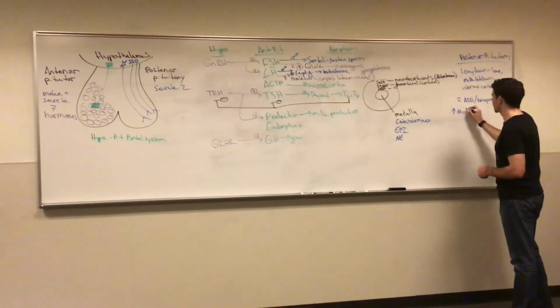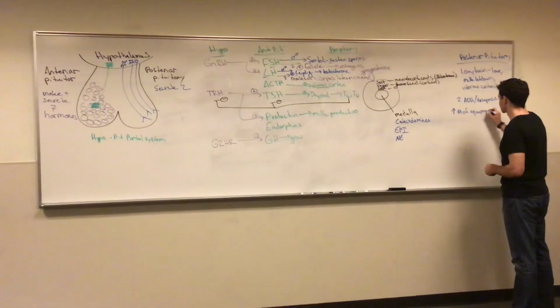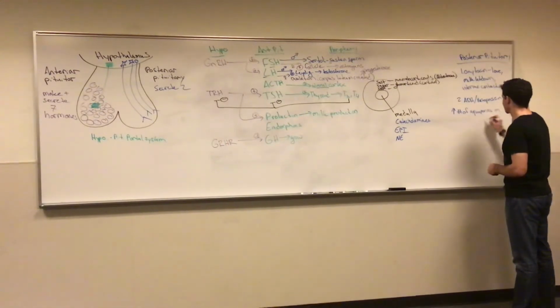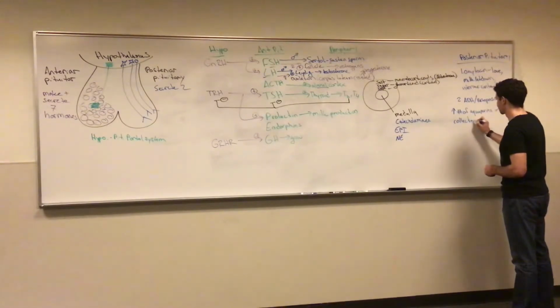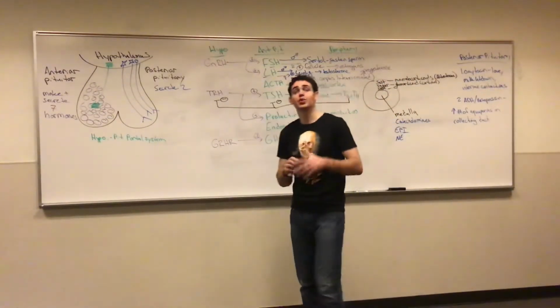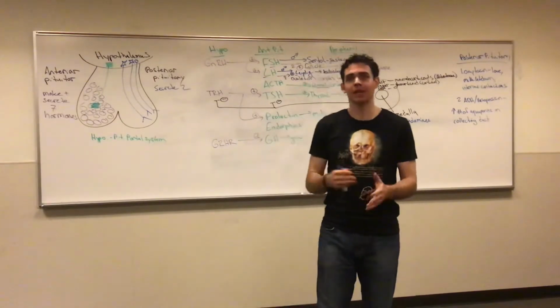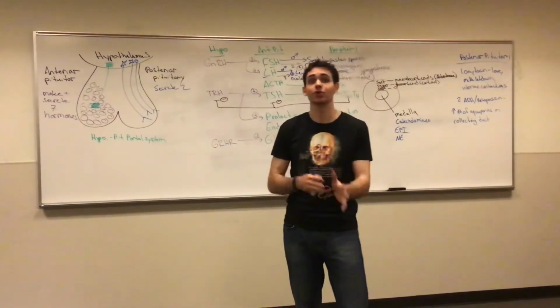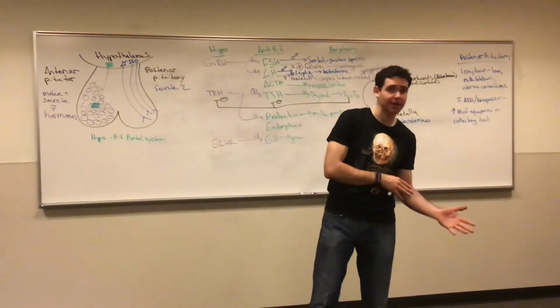It increases the number of aquaporins in the collecting duct. The collecting duct is in the kidney, right? So when you increase the number of aquaporins in the collecting duct, you're making that collecting duct more permeable to water.